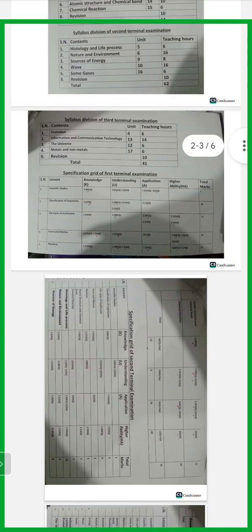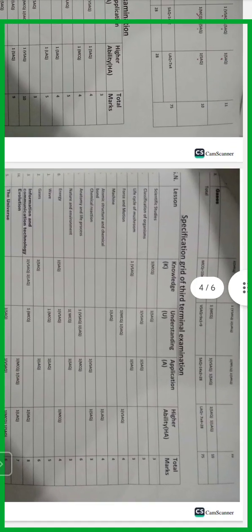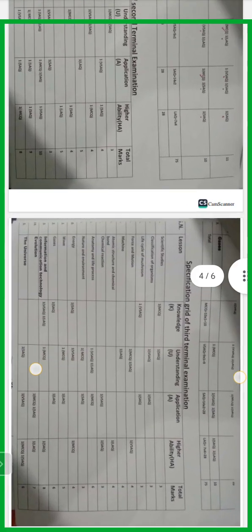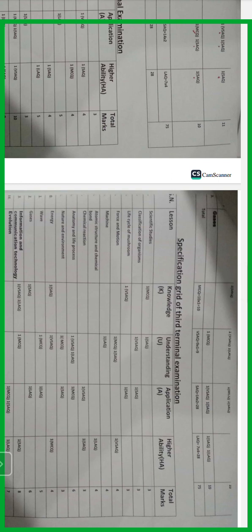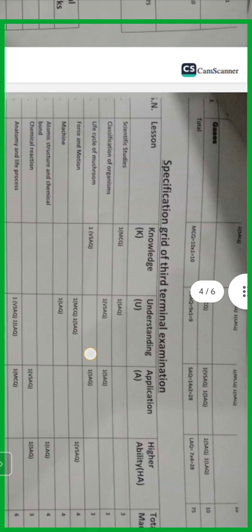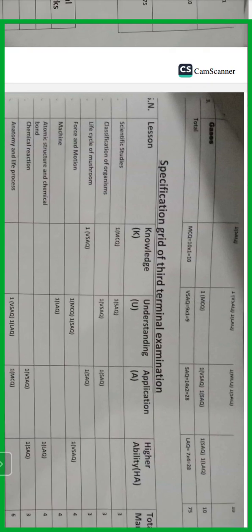And from the unit wave, there are one SAQ, one BSAQ, one LAQ, one MCQ, and one SAQ. Total 10 marks from the wave. Okay, from the wave, total 10 marks question comes.